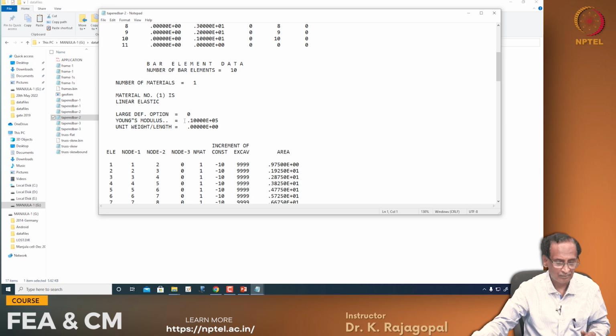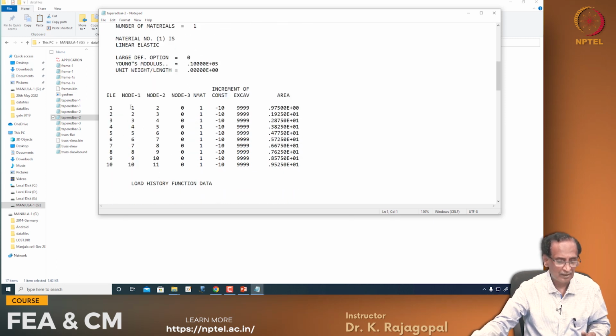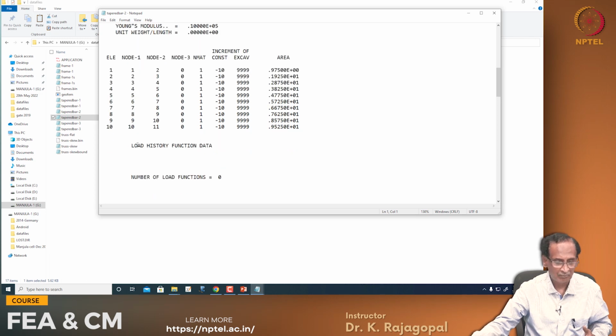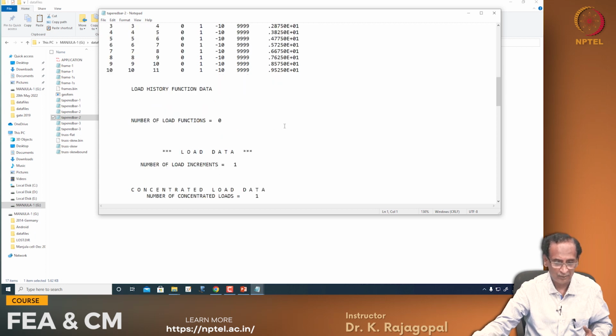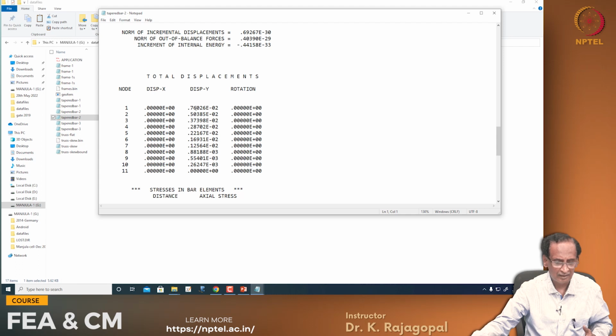The elastic modulus is 10,000, and element 1 is connected between nodes 1 and 2, element 2 is between 2 and 3 and so on. You see here our area is also proportionally increased, 0.975, 1.925 and so on, and element 10 has an area of 9.525, right. And then these are the displacements at different nodes.